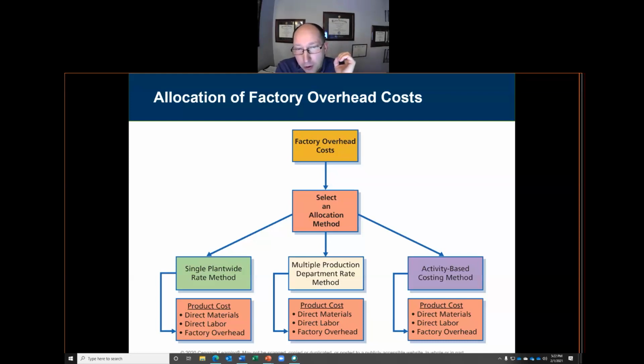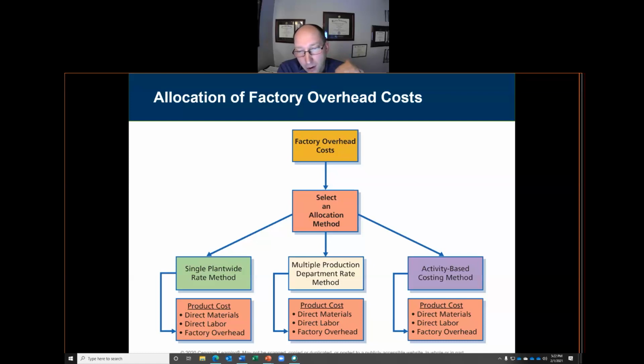And the third allocation method for applying factory overhead is called the activity-based costing method. What this does is it tells us we use a basis of activity to apply factory overhead rate. An example would be number of machine hours, miles driven, labor amount, a dollar amount, or labor hours. My apologies, labor hours.